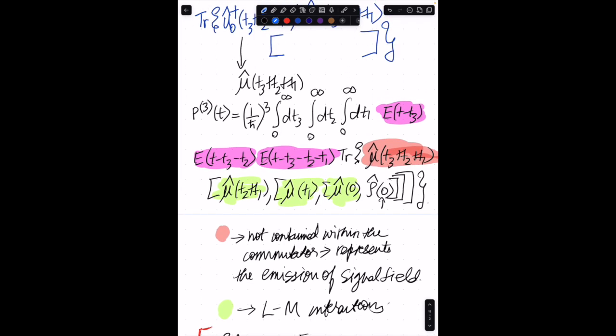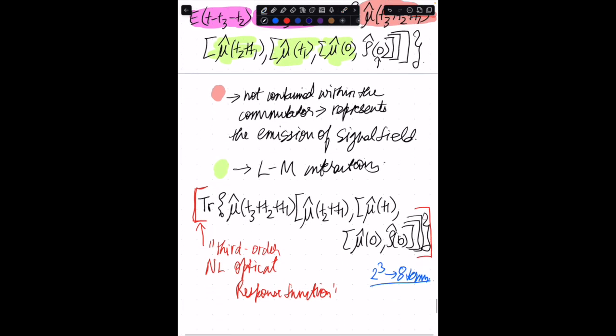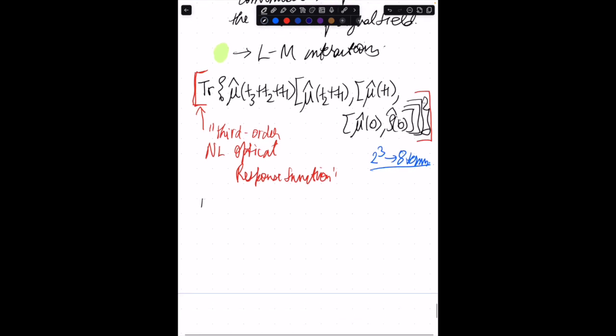And we will also discuss what we should be doing with these electric fields. So another thing which we will be doing is using something known as the impulsive limit approximation.